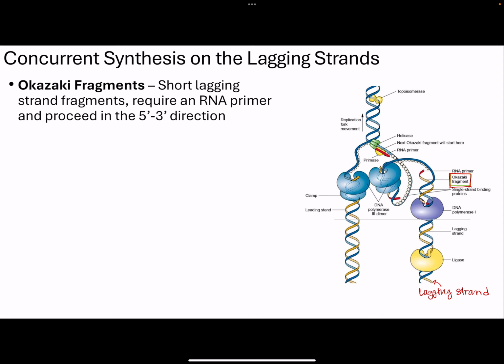So Okazaki fragments are these short lagging strand fragments. They require an RNA primer to get started, just like with the leading strand, and they proceed in the 5' to 3' direction as well. So this means that they're being synthesized in the 5' to 3' direction. So again, in this picture, our RNA primer is shown in red as our starting point, and the new DNA is shown in yellow.